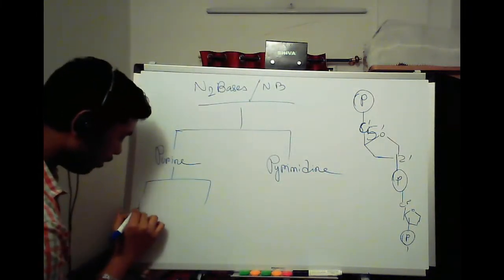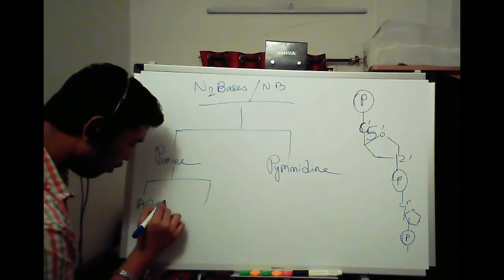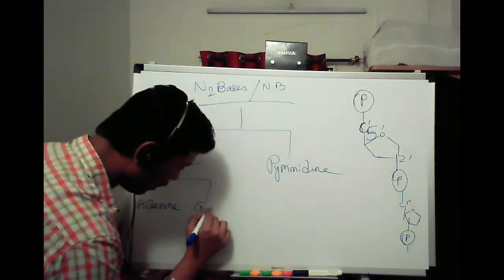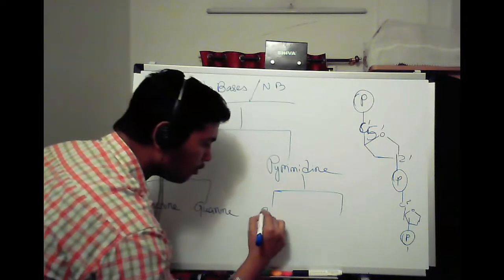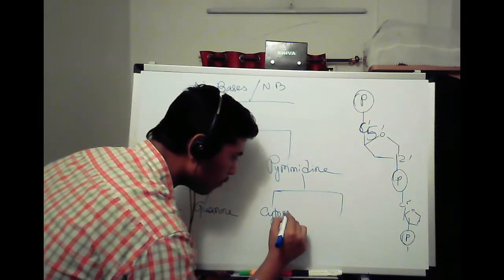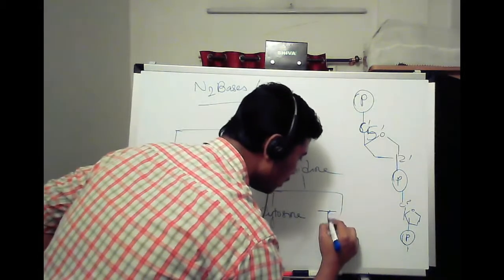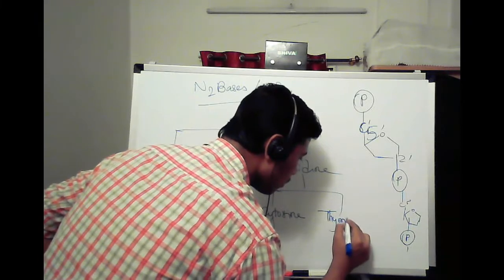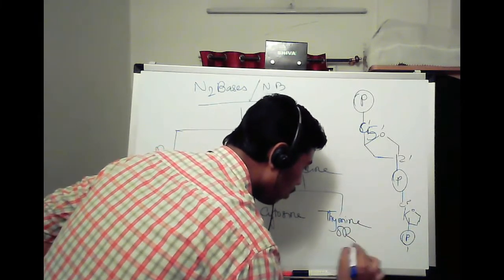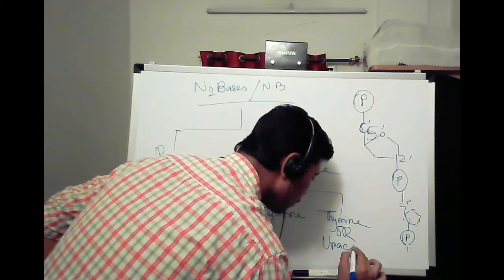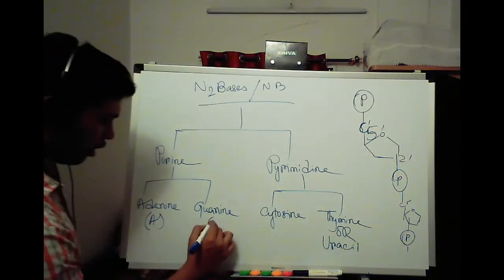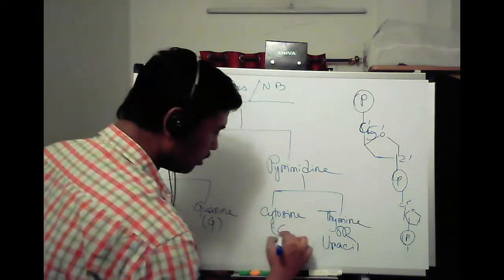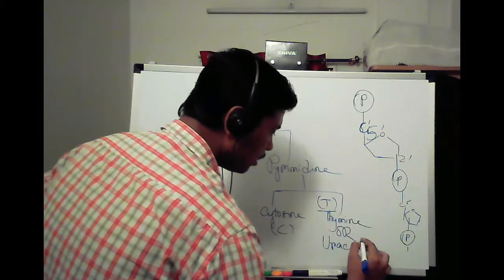Purine consists of adenine and guanine. Pyrimidine, on the other hand, consists of cytosine and thymine or uracil. Their abbreviations will be A, G, C, T, and U.